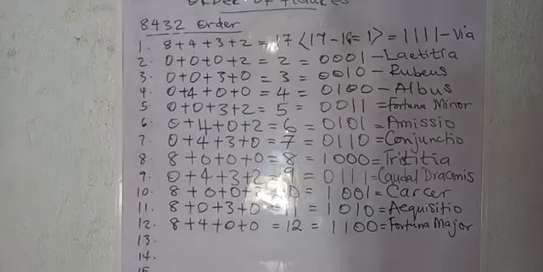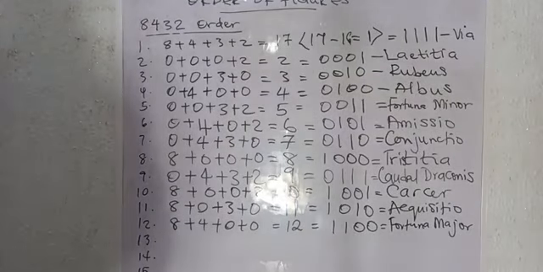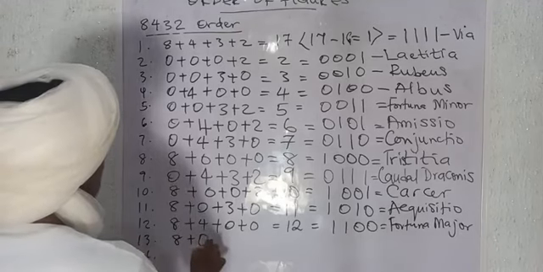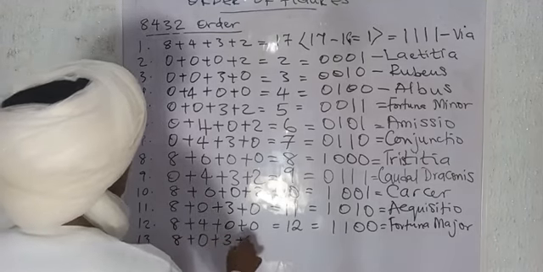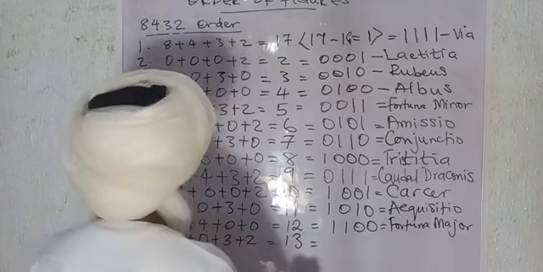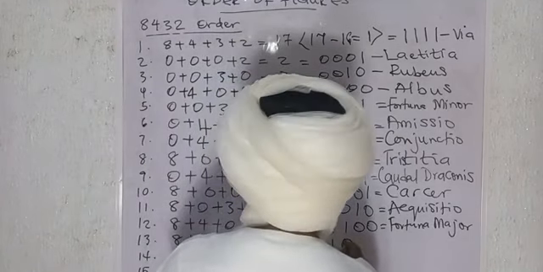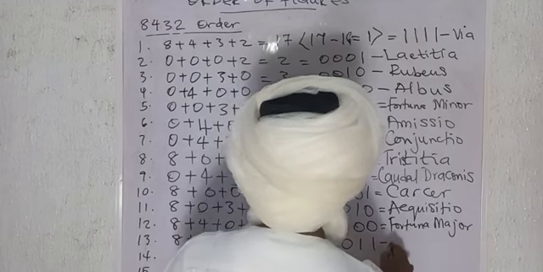Yes, 8, 3, and 2 will give us 13. That's correct. So we open level 8. We close level 4, which is 0. 3 plus 2. So this gives us 13. So the figure will be 1, 0, 1, 1. This is Hua.